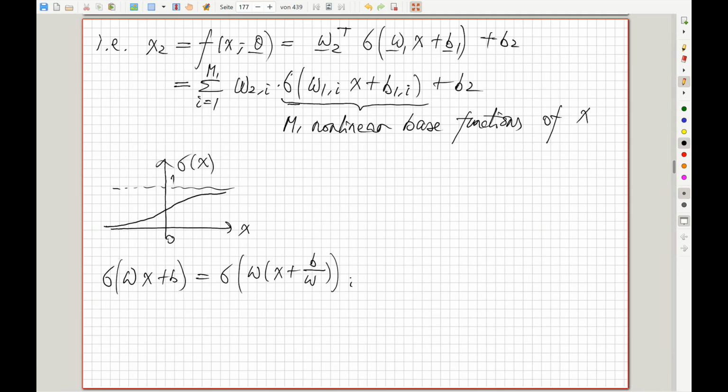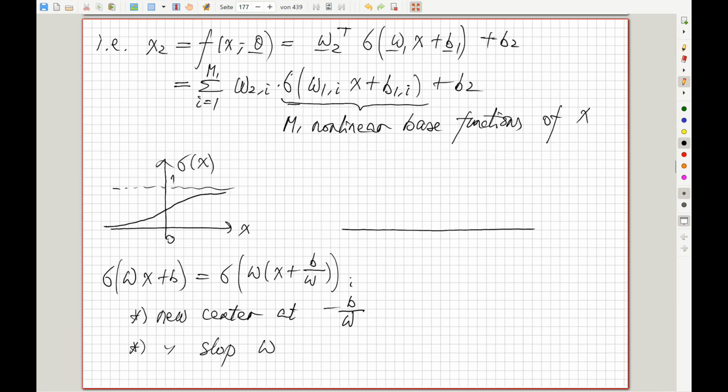So this means we shift the center of the sigma activation function. The new center is now at the position of minus bias divided by the corresponding weight. And the slope is also changed, we have a new slope of the sigma activation function, determined by the parameter W.